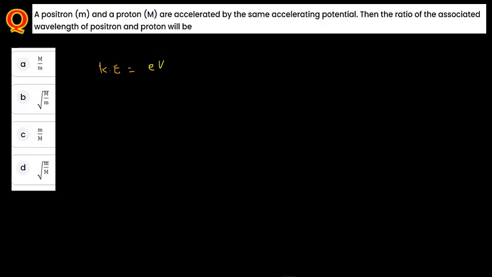Now, we have already seen in the previous problem the relationship between the wavelength and the kinetic energy. Lambda is equal to h divided by p, and substituting, that is h divided by square root of 2m into k.